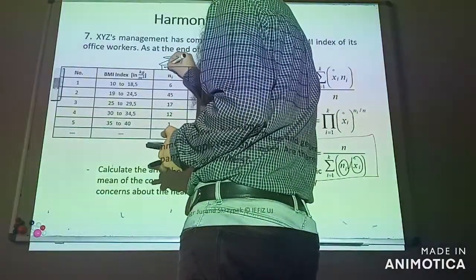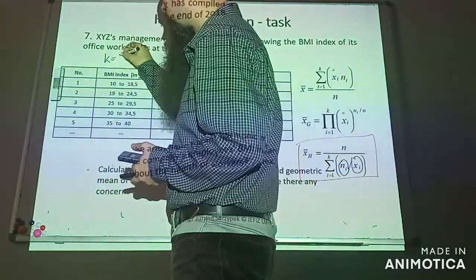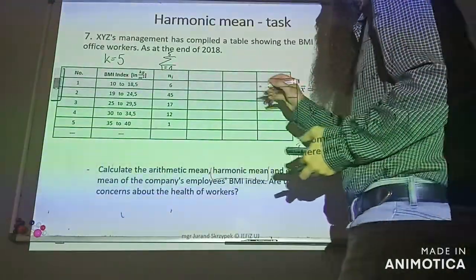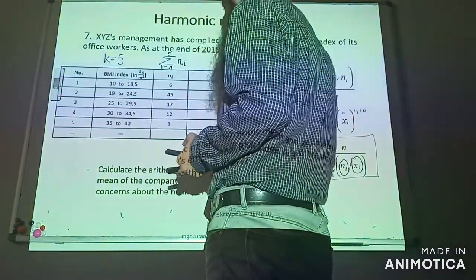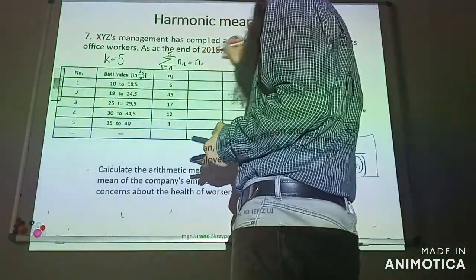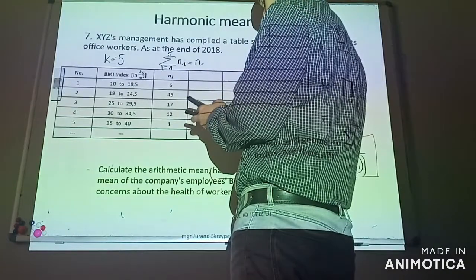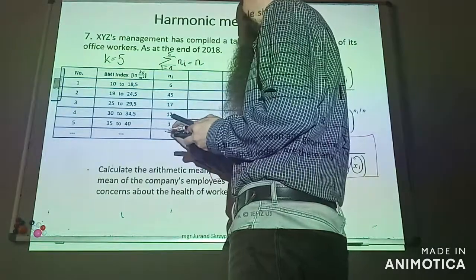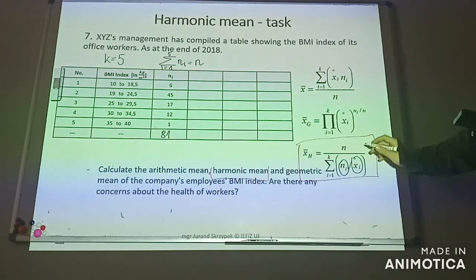The sum from i equal 1 up to 5, because k here is equal to 5, we have 5 intervals of BMI index. The sum of Ni, so we sum up all the frequencies, is of course the population size. The population size here equals 6 plus 45 plus 17 plus 12 plus 1, 81 office workers. This is the population size. Okay.